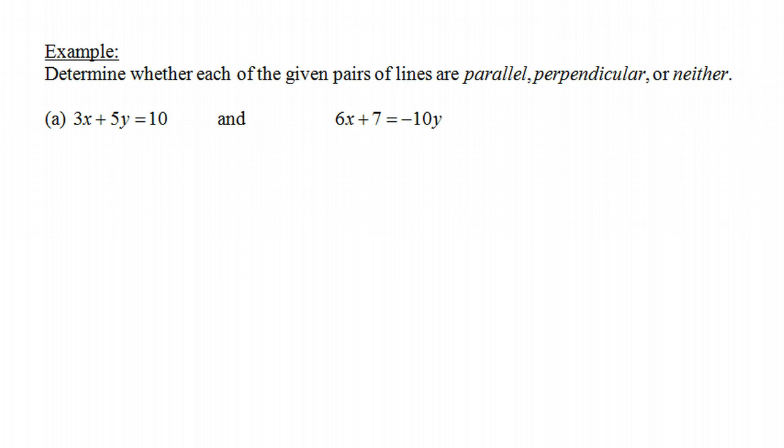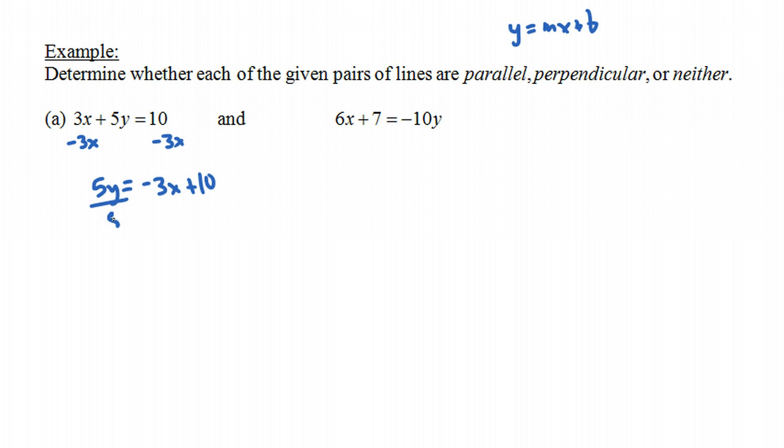So what we need to do is find the slope of these lines. How do we find the slope? Well, we put them in the form y equals mx plus b. We could try to graph them and maybe eyeball it, but I think the easiest way is to put it in the form y equals mx plus b. So we want the y all by itself. We're going to subtract 3x from both sides here, and we'll have 5y is equal to 10 minus 3x, or -3x plus 10.